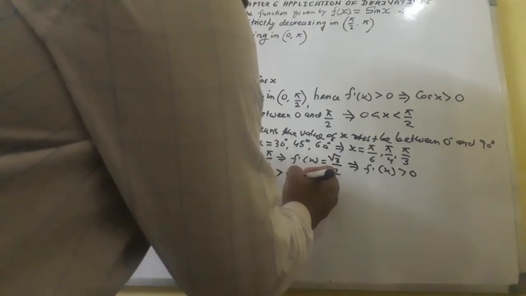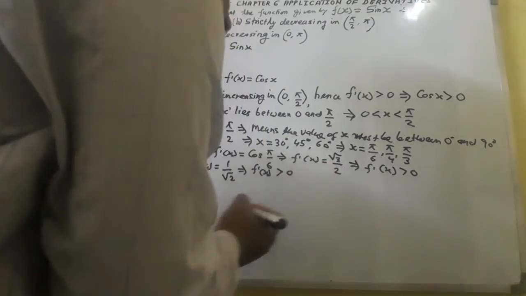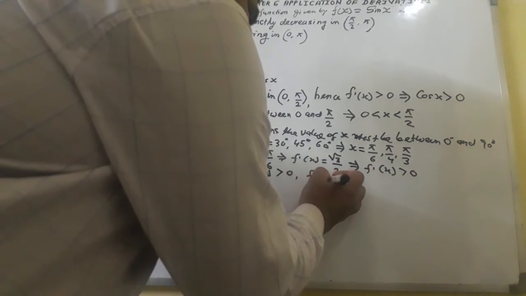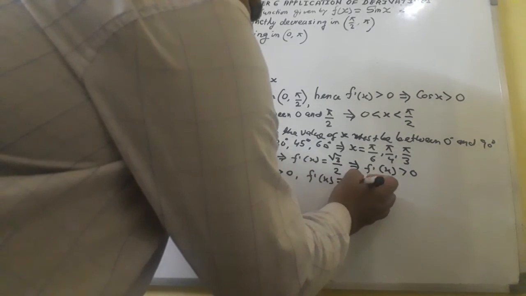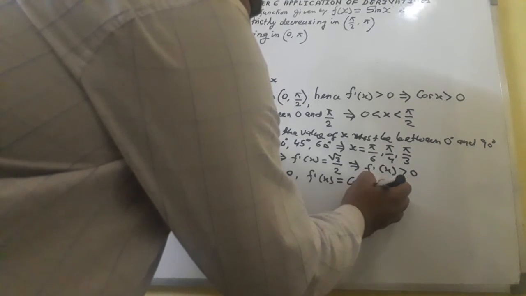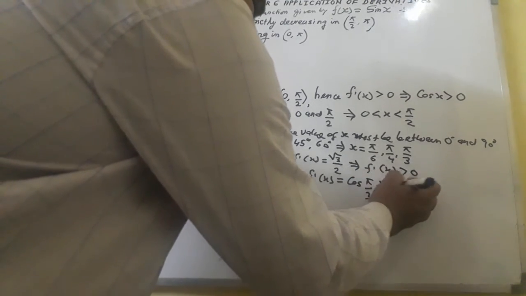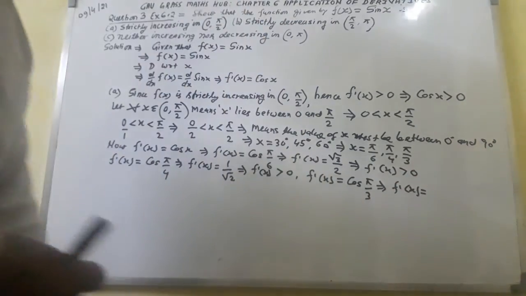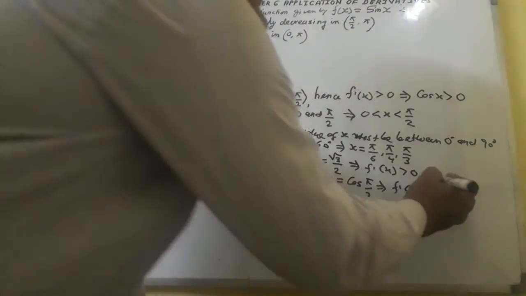Again, f dash x equal to cos pi by 3, which is cos 60 degree, equal to 1 over 2. Again I have got f dash x greater than 0.